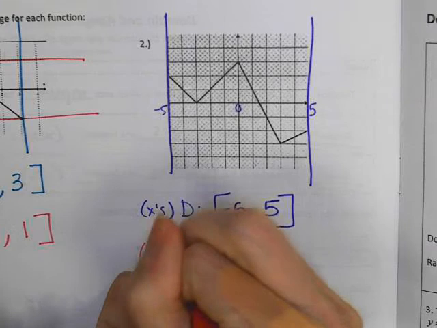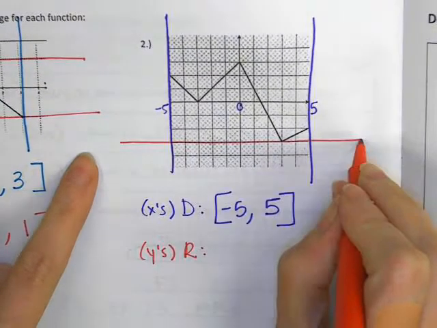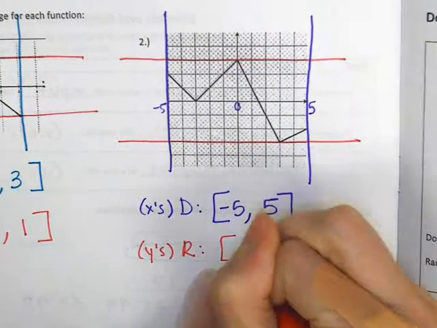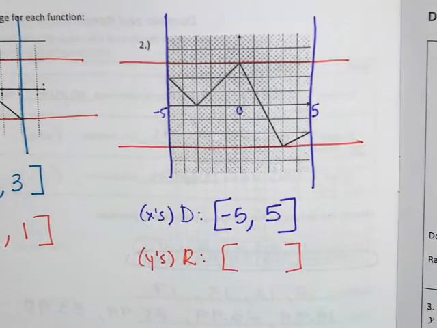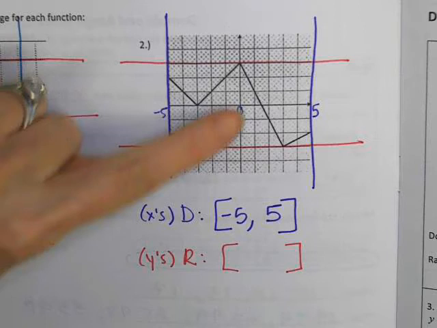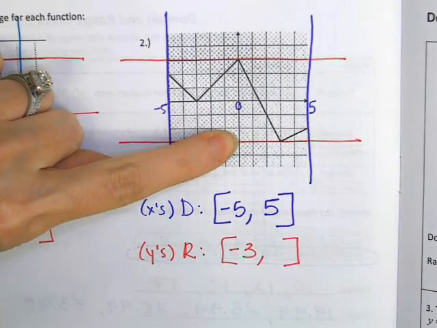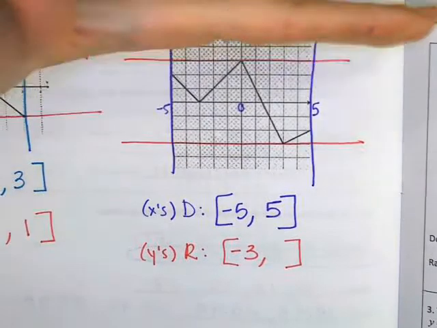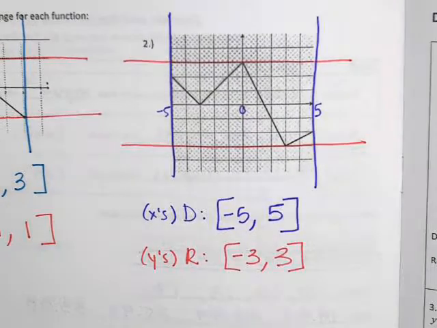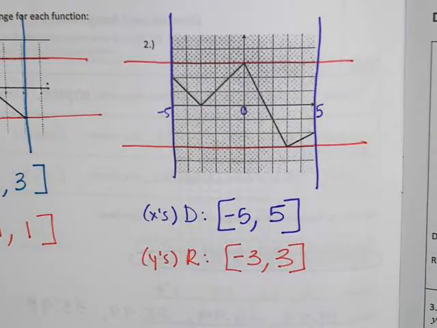The range, we look at the y's. So find the lowest it goes, and then find the highest it goes. And that's going to be your range values. All right, so what's the lowest point the graph ever hits? It's down at -3. And then what's the highest point the graph ever hits? That's up at +3. So that means your range covers from -3 to +3.